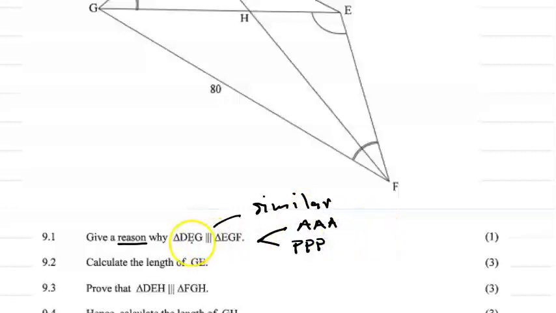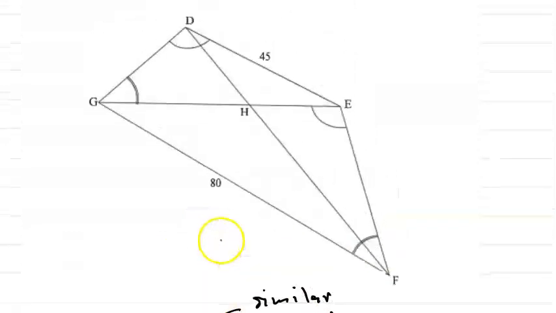In this particular case, we can see that in triangle DEG, angle D is equal to, in triangle EGF, angle EGF. So all we need to show is two angles in one triangle equal to two angles in another triangle. We've got these two angles here, DGE, and there's the other one. Now, let's look very carefully.